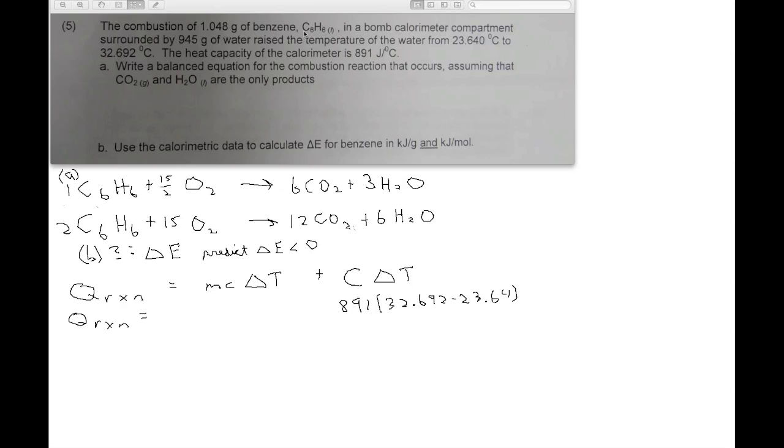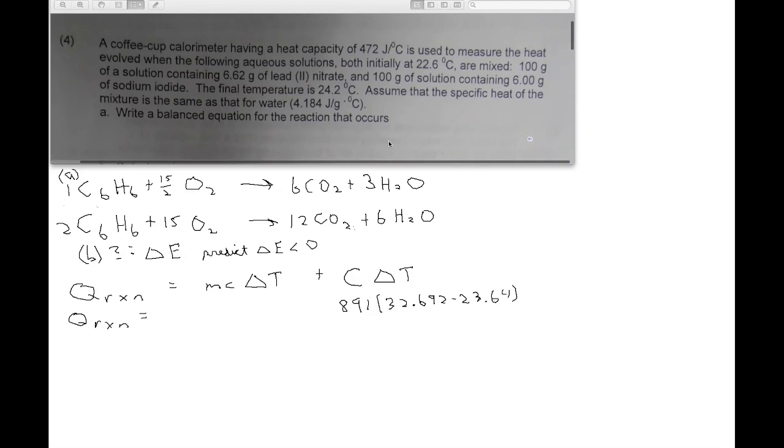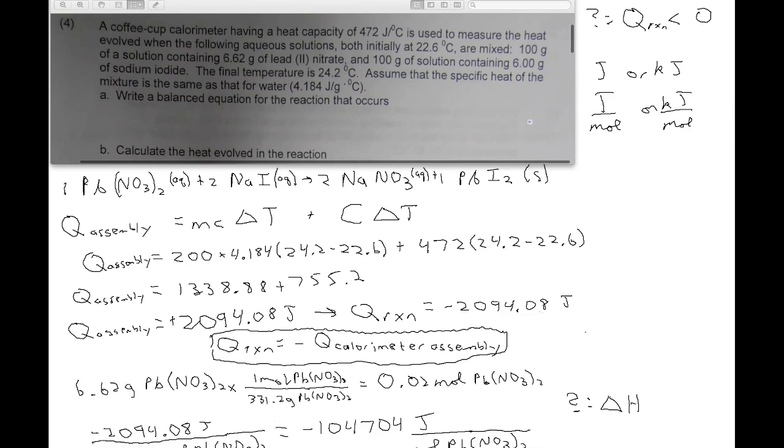In the previous example, they gave us 1,000 grams, and they still didn't want us to use it. Actually, if you go back to our work, in the previous problem, we did use MC delta T. No, I'm talking about the one before this one. Oh, okay. Number 3. Let's see.